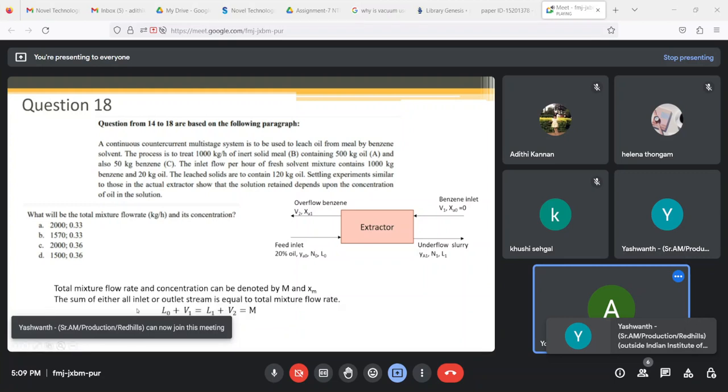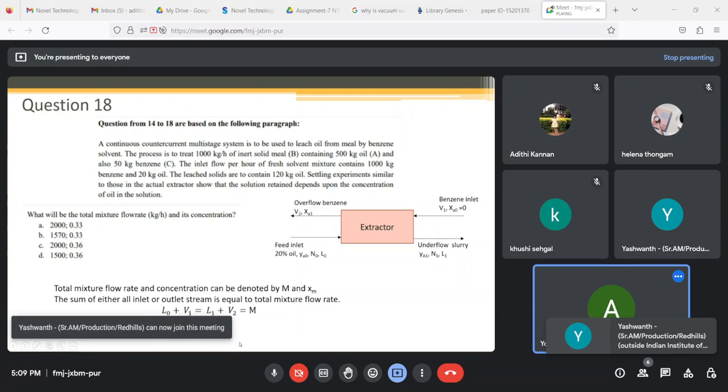So let's say L0 is the solution stream in the feed inlet, L1 is the solution in the feed outlet, V1 is in the solvent inlet, and V2 is in the solvent outlet. So L0 plus V1 will be your total inlet streams, L1 and V2 will be your outlet streams. This is the solution stream, not the entire stream that you need to take care.